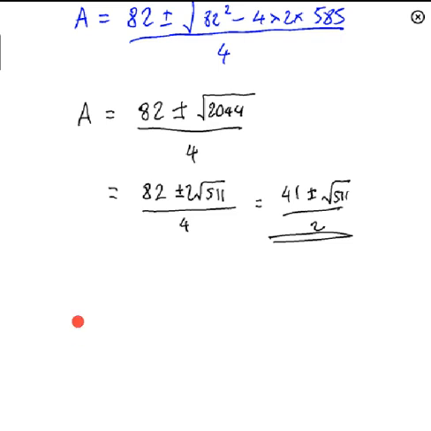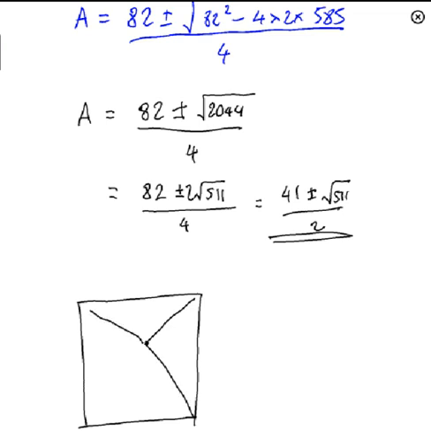Because if you were to know that the point is somehow inside the square like that, 2, 4, and 5, then that's the bigger value.